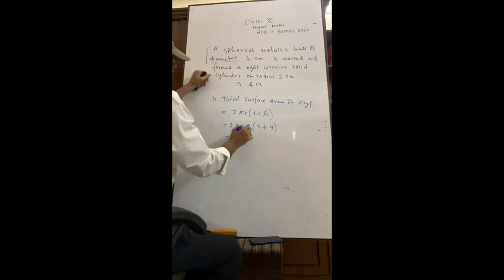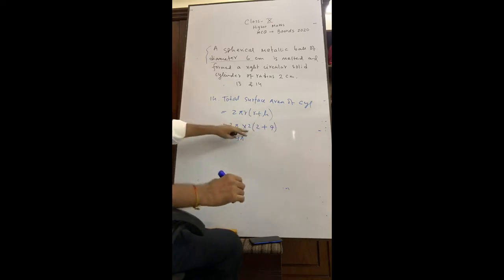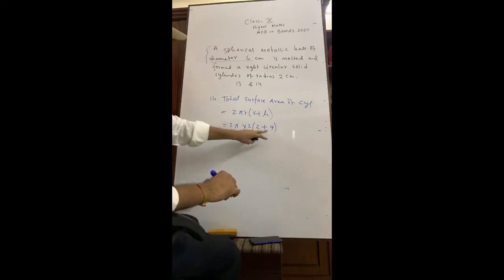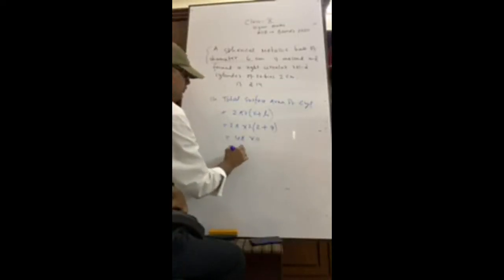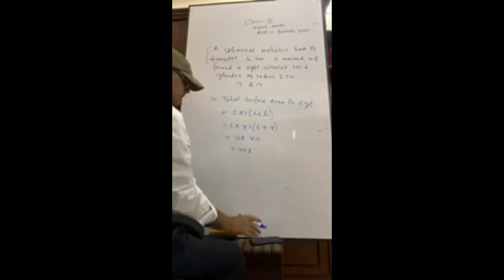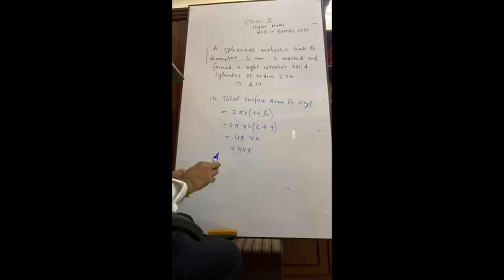That means 4 pi, r is 2, 9 plus 2 equals to what? 11. That means 44 pi square centimeter. You understand? This is the total surface area. Answer is 44 pi.